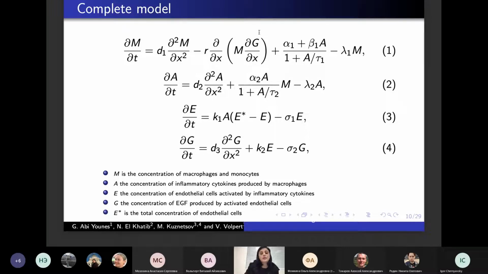If we look at this term, in fact, this term determines the chemotaxis of macrophages, and here the flux of M goes in the direction del G over del x because EGF mediates the chemotaxis of macrophages.